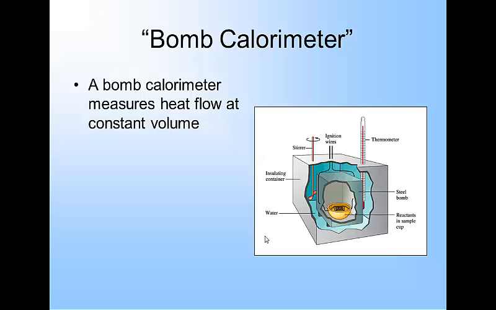Enthalpy. A bomb calorimeter measures the heat flow at a constant volume. The volume is that steel walled thingy in the center. So the volume will not change. So this is going to be at constant volume. The reaction occurs in a very rigid container. So if it's a very rigid container, the volume can't change.